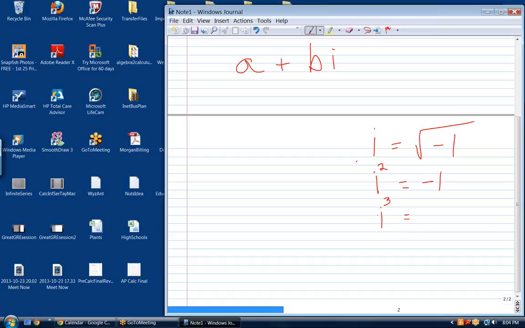No, it would be i times i squared, so it would be -i. i to the 4th would be i squared times i squared, which would be -1 times -1. If i to the 4th is the same as i squared times i squared, which it is, you can add the exponents.